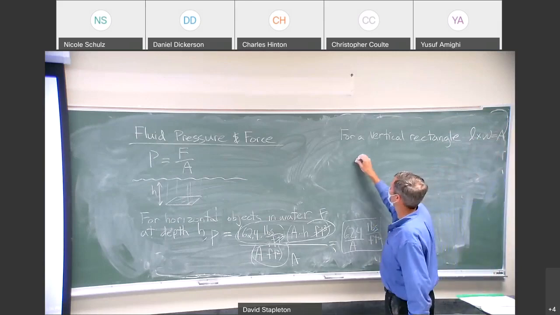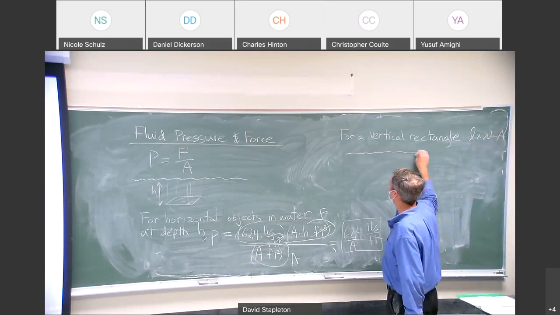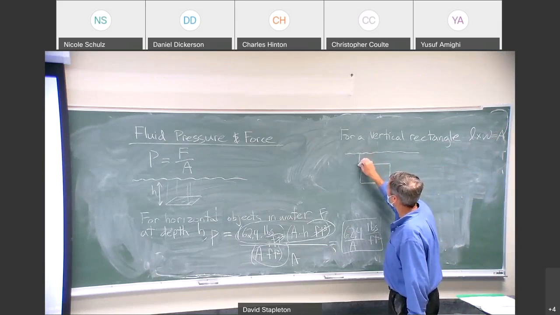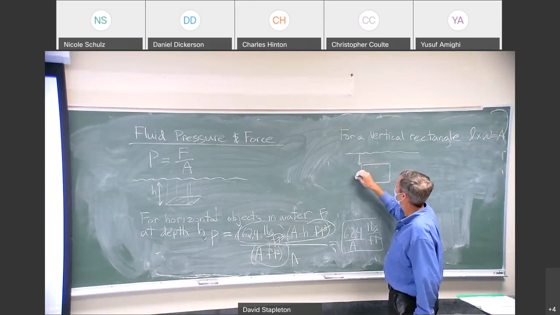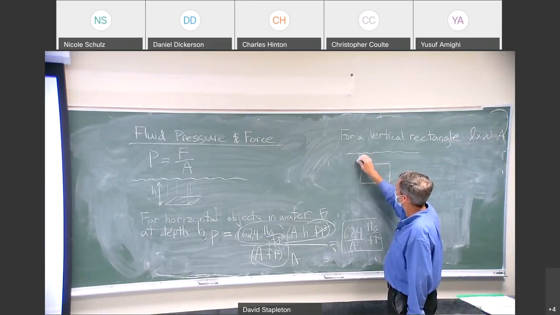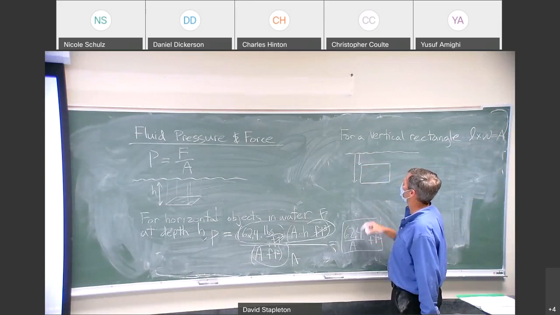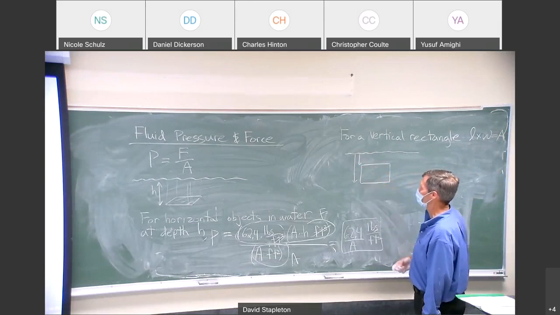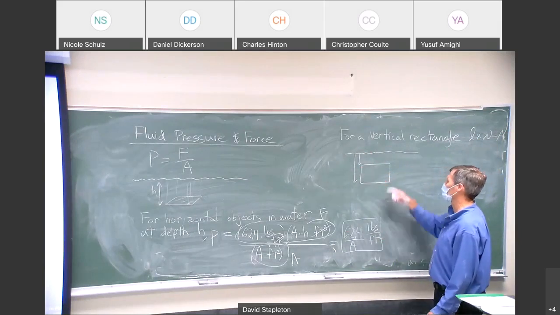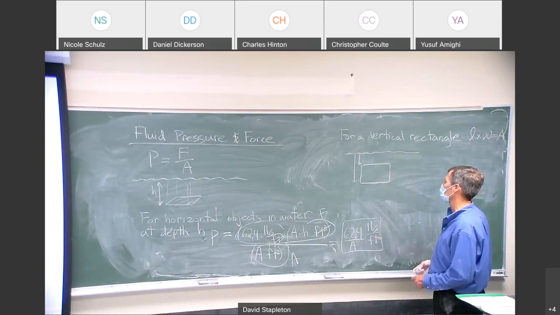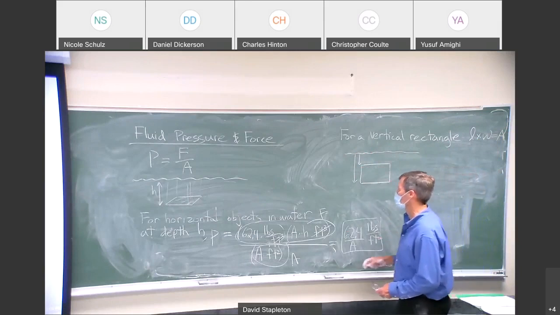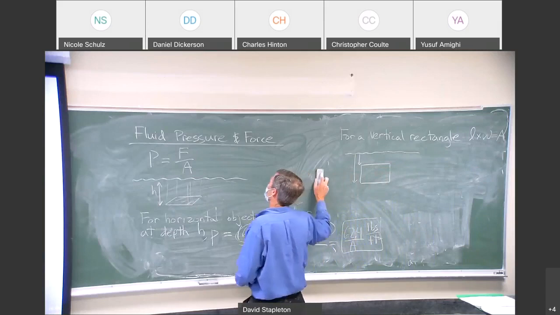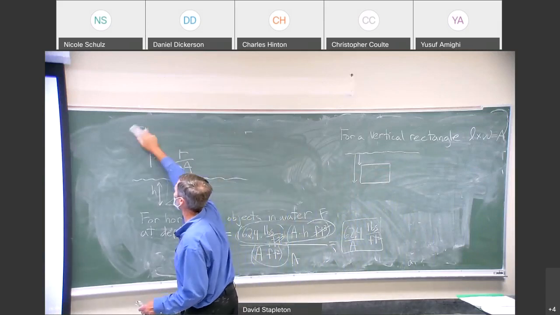Now what's the pressure? It's down below water, and the part at the top has one pressure because it's down a certain height, and the rest of it is down deeper, so the pressure varies as you get deeper and deeper. The pressure is actually proportional to how deep you are. If you're twice as deep, you have twice as much pressure, because there's twice as much water sitting on top of you.